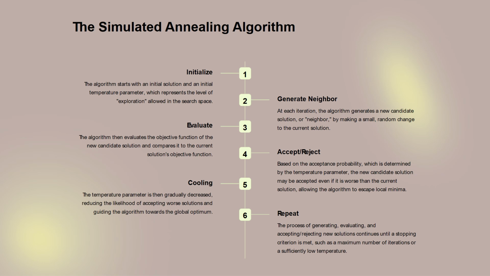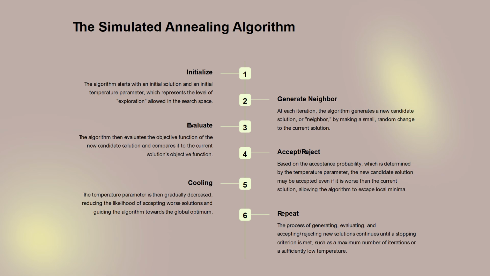At each iteration, the algorithm generates a new candidate solution, or neighbor, by making a small, random change to the current solution. 3. Evaluate. The algorithm then evaluates the objective function of the new candidate solution and compares it to the current solution's objective function.